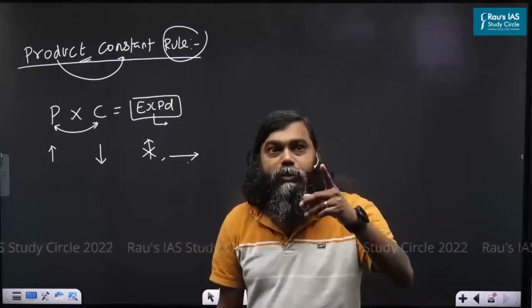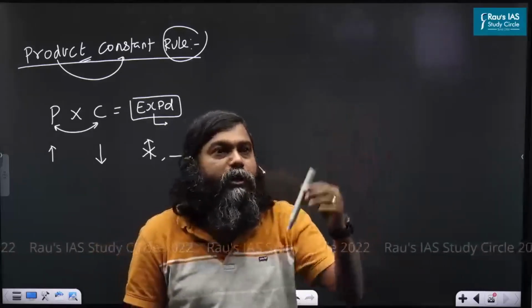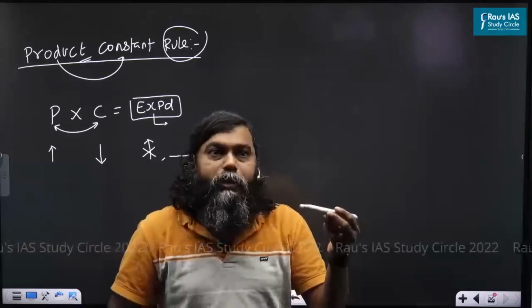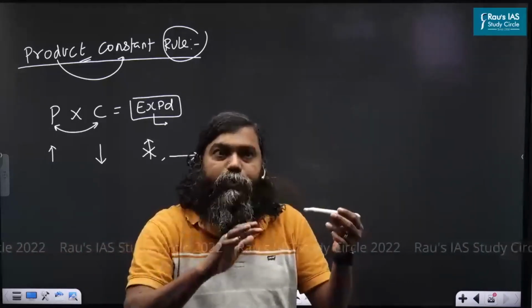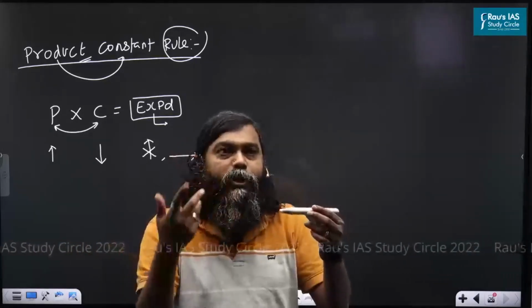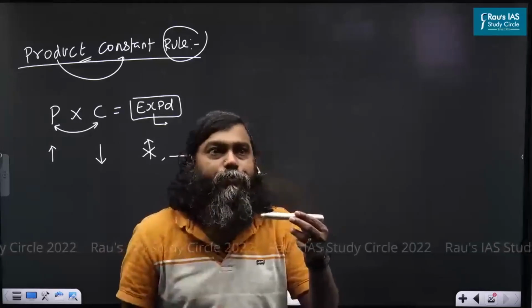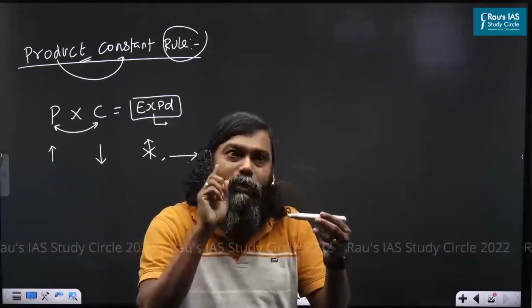For example, 1 marker pen is 20 rupees, 5 marker pens are 100 rupees. Next month, the shopkeeper says prices have increased. That means if I consume the same 5 pens, my expenditure is going to be more than 100 rupees. But I am not interested to increase my expenditure. What does it mean?